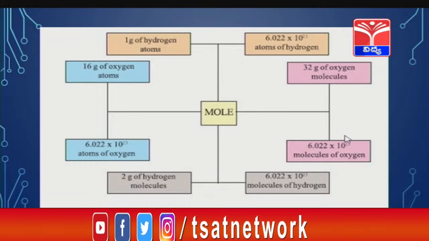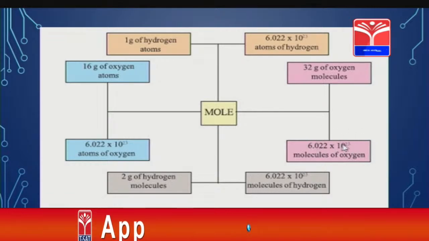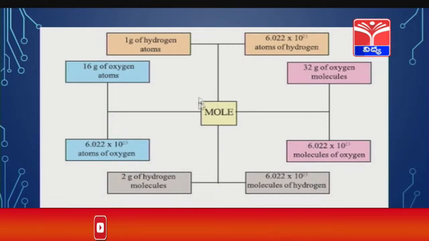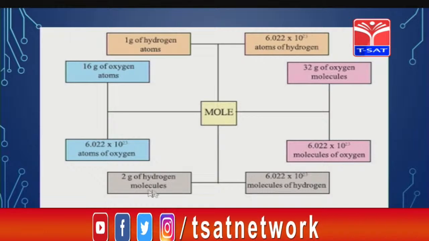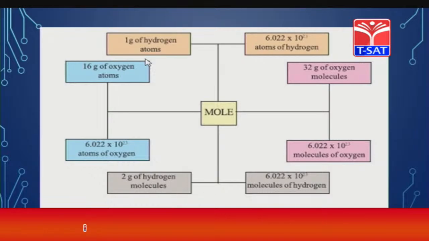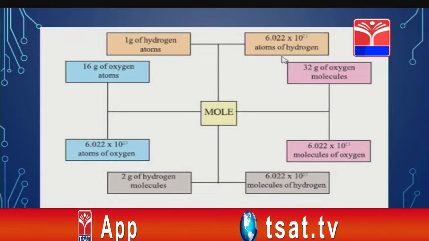Now, children, 1 mole of oxygen gas means how many particles are present? 6.022 into 10 to the power of 23 particles of oxygen. Particles here means molecules. Now, if you are taking 2 grams of hydrogen, what does it mean, children? Here we have taken hydrogen atoms only, so we said 6.022 into 10 to the power of 23 atoms.